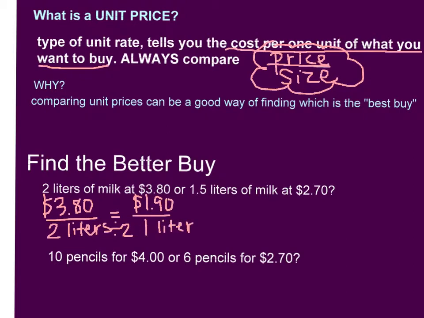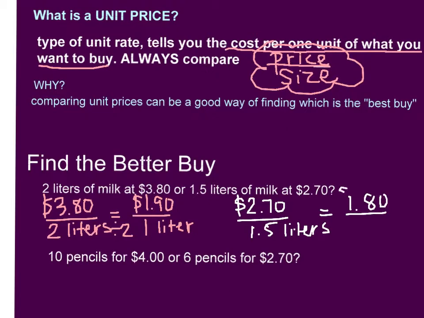And then in the second example, we take our new price, so we're comparing it with $2.70 for 1.5 liters of milk, and we are going to divide away 1.5 from 2.70, and when we do that, we get $1.80 for 1 liter.